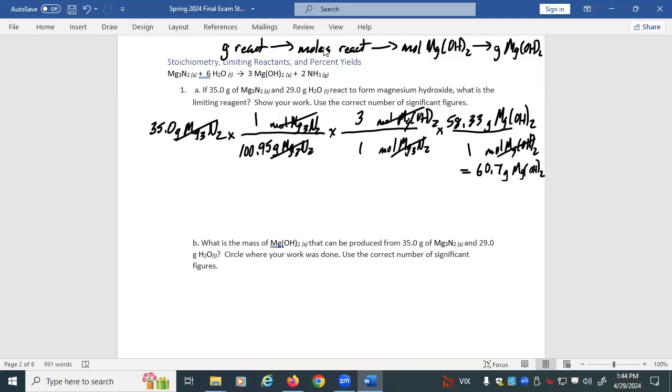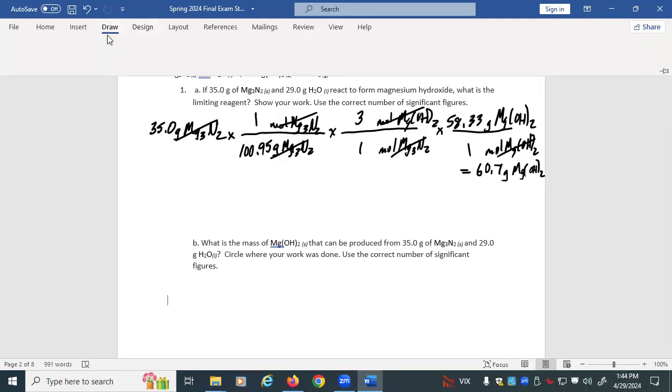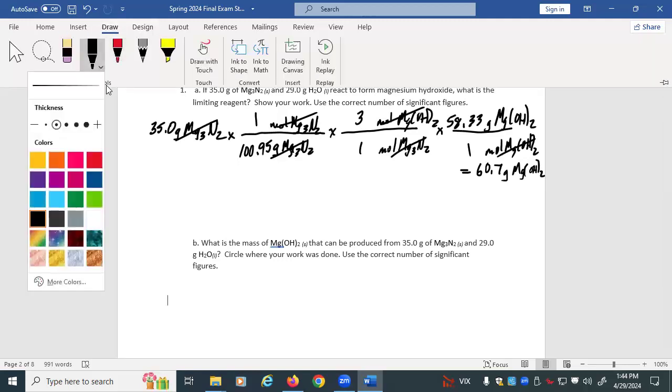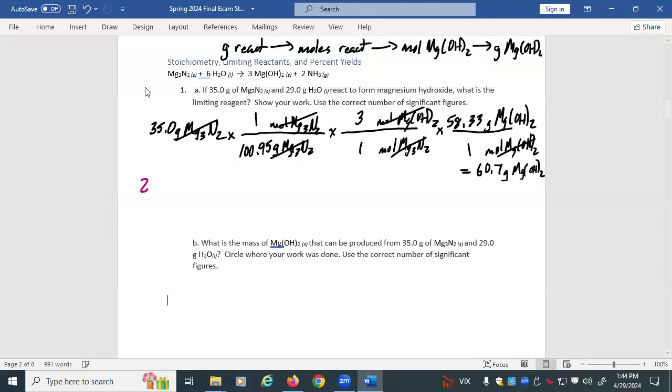But for the water, we're going to follow the same kind of process, starting with the 29 grams of water. Going to turn the grams of water into moles. For that, we need the molar mass.